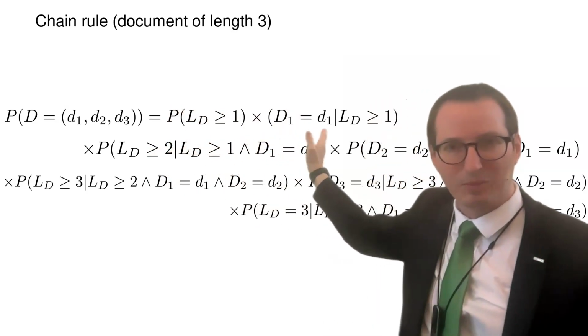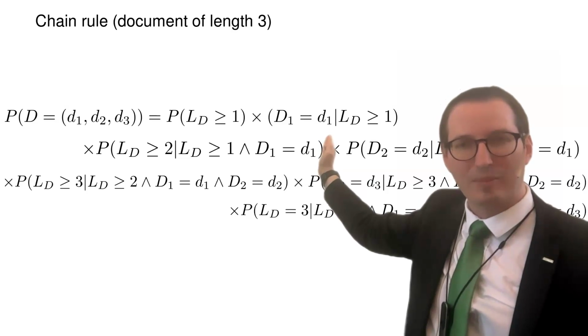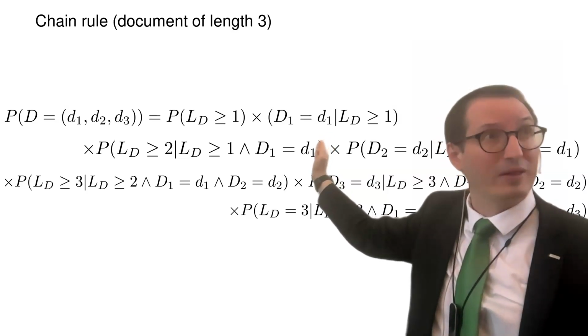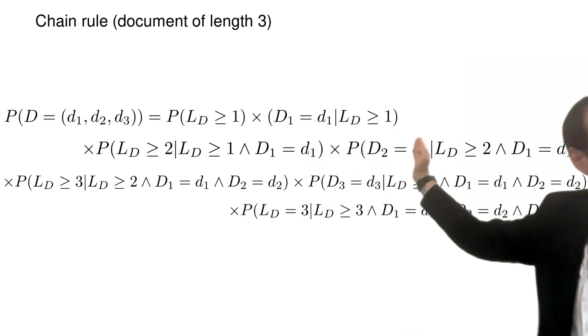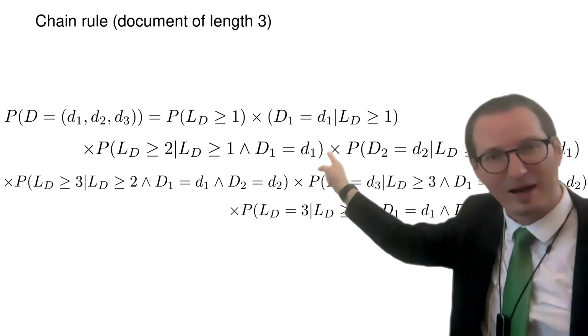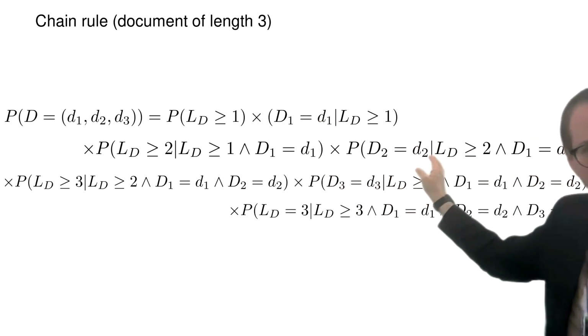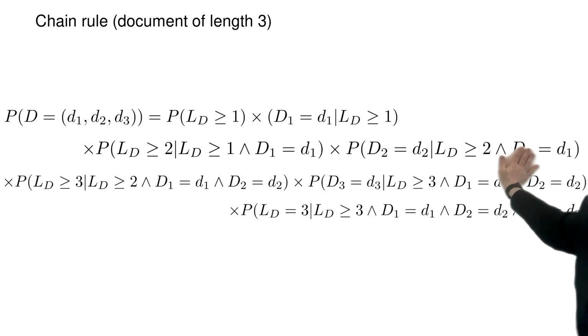So at that point, when I'm done with the first 3 factors up to here, I have the probability that the length is at least 2 and the first word is D1. What happens next? The next word is D2. So now I multiply with the probability that the next word is D2, conditioned on what came previously, conditioned on the fact that the length was at least 2 and the first word is D1. That's again the chain rule. At that point, I have a length of at least 2 and D1, D2.